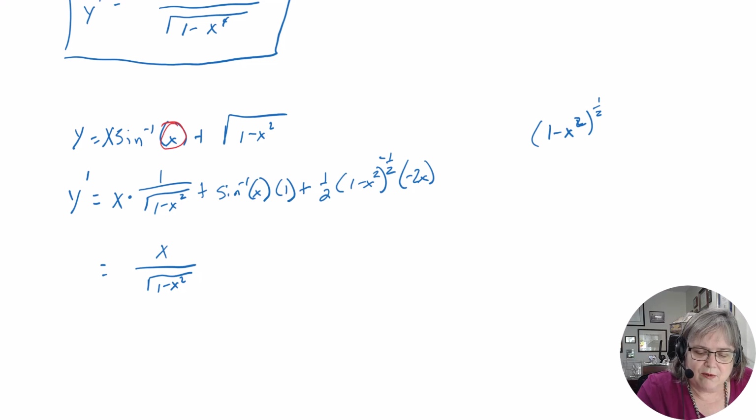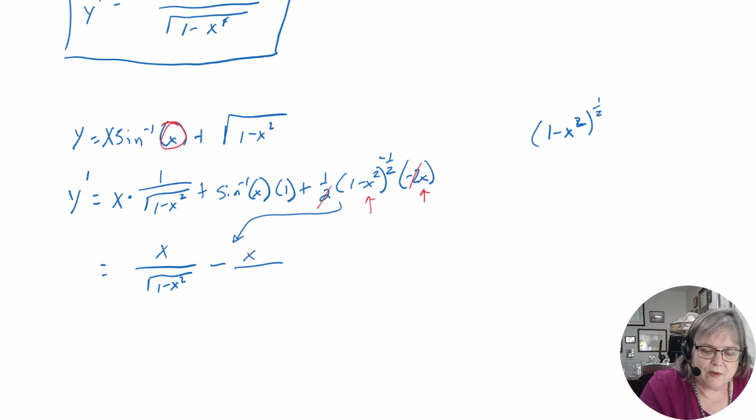This right here, if you look down at this end piece, this 1/2 cancels this 1/2, okay? This x right here is going to go on the top, and this 1 minus x squared to the negative 1/2 is going to pull down into the denominator. So I'm going to pull this piece over here, and it would be minus x over the square root of 1 minus x squared.